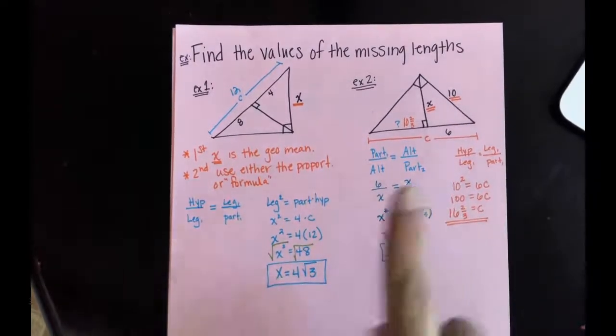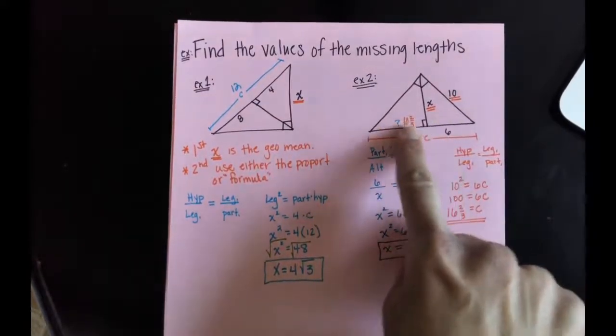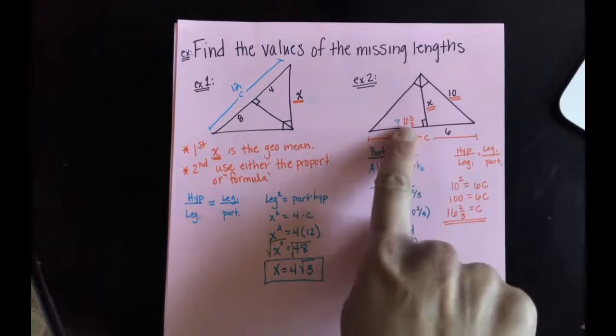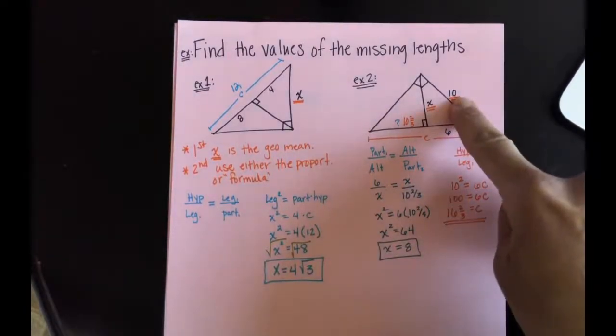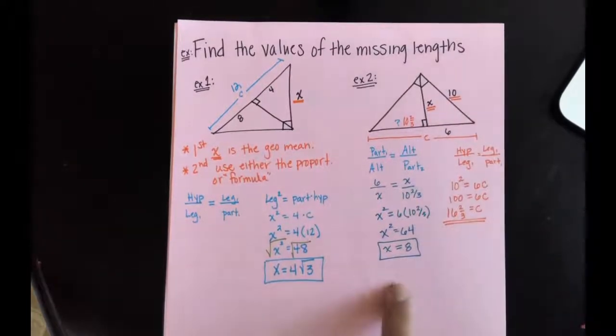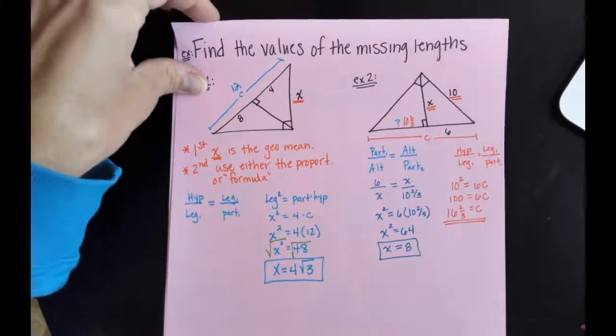Over here, if we're solving for x, x ends up being the geometric mean of the two parts. The issue was we didn't know what one of the parts was. So we ended up having to use our other geometric mean and solve a problem to then plug it back in. So that's where we were on Monday.